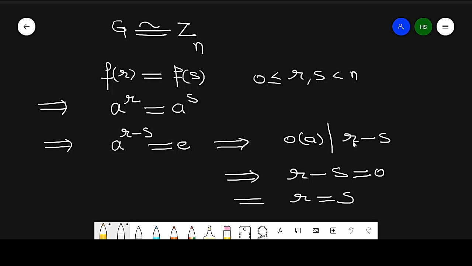So there are only two ways: either it is equal to n, which is not possible here, or it should be equal to 0. So that's why it is equal to 0, so r equals s.